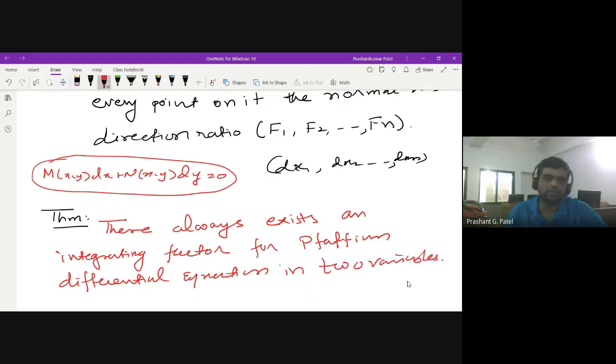So if you have a differential equation in two variables, it always has an integrating factor. That means you are able to integrate that, that means you are able to find the solution for that.